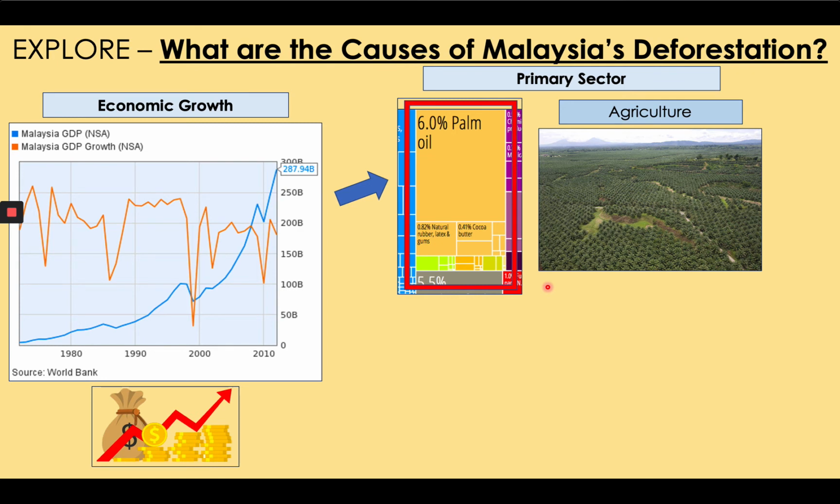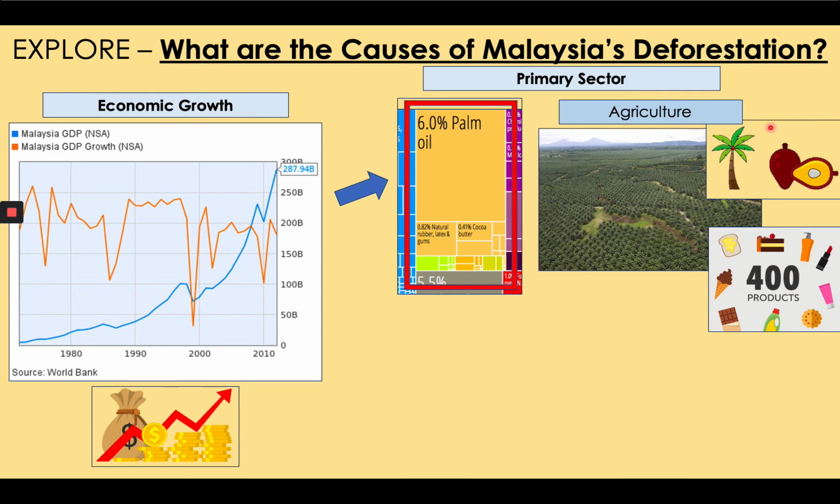Now, why is palm oil so important? You get it from a big fruit that exists just at the center of this fruit here, the palm oil, and it comes from a tree that looks like this. Why is it important? Because palm oil is used in more than 400 different products around the world, and every day you watching this video will have used it in toothpaste or ice cream or butter or chocolate or cleaning products or creams or lipstick.